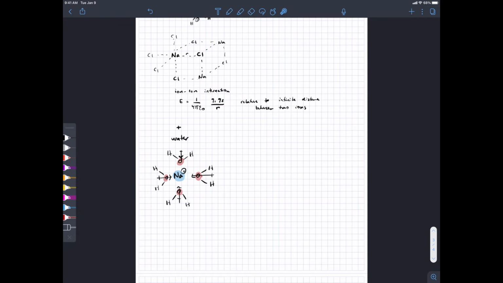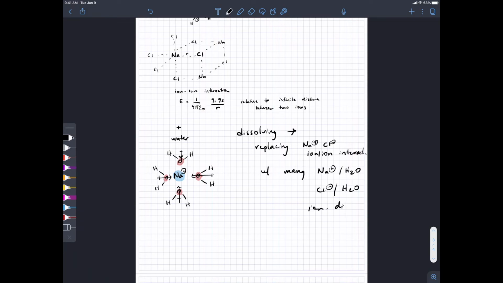Okay, dissolving of sodium chloride involves replacing sodium chloride ion-ion interactions with many sodium water and chloride water ion-dipole interactions.